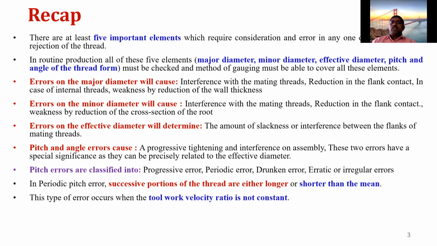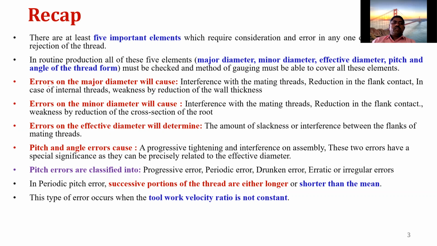If there is any error in any of these 5 important elements, that causes the rejection of the thread. So what are those important elements? Major diameter, minor diameter, effective diameter, pitch, and angle of the thread. These must be checked to check the accuracy of the screw thread.